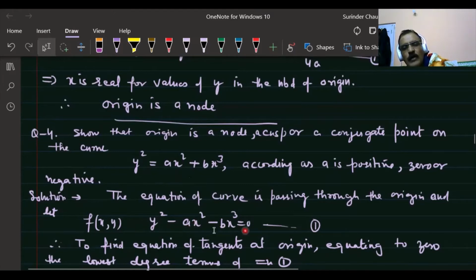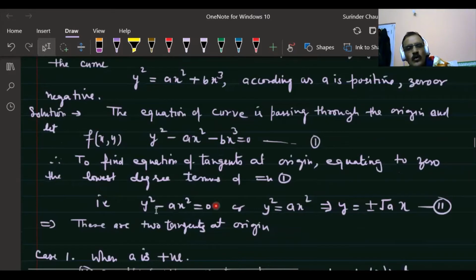Straight away, this passes through the origin, so the origin can be a double point. So find the equation of tangent at the origin equal to 0. The lowest term in x and y is a y square minus ax square is equal to 0. So y is equal to plus minus root a x. So there are two tangents at the origin.